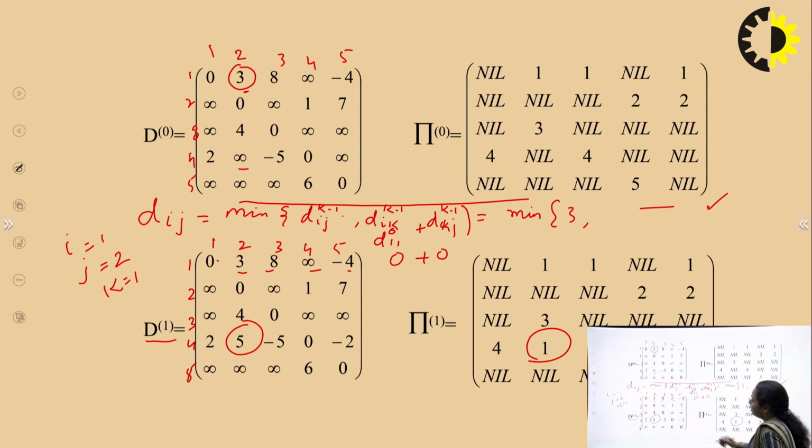Let us again take this minus 2. Now how do we directly calculate the value? Each and every time we can implement this formula, but we can also solve this problem directly from the graph. For this value, we have to find 4, 5. Can 4, 5 be updated? 4 to 5 direct cost is what? Infinity, because there is no direct path present.